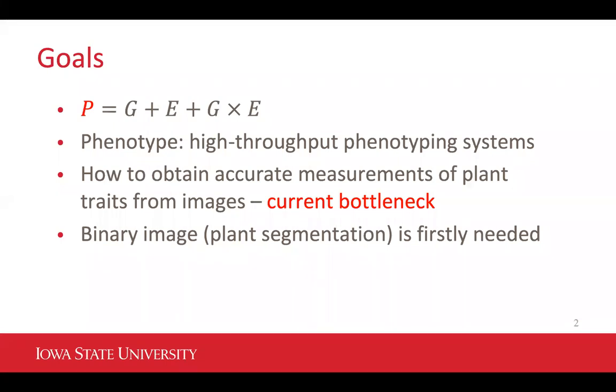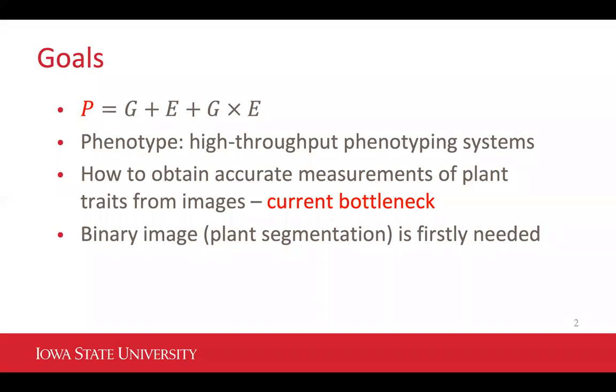A lot of universities, especially in the Midwest, invest a lot of money to build those systems. The idea of the system is to take images of the plants and extract phenotypes from the images. I will give you an example in the next slide, for the University of Nebraska-Lincoln facility.